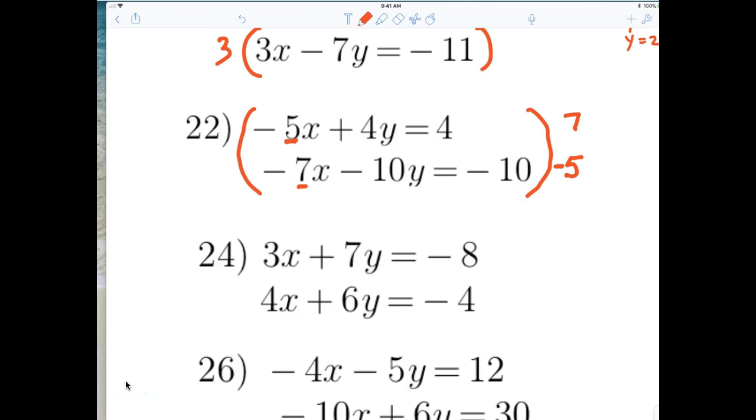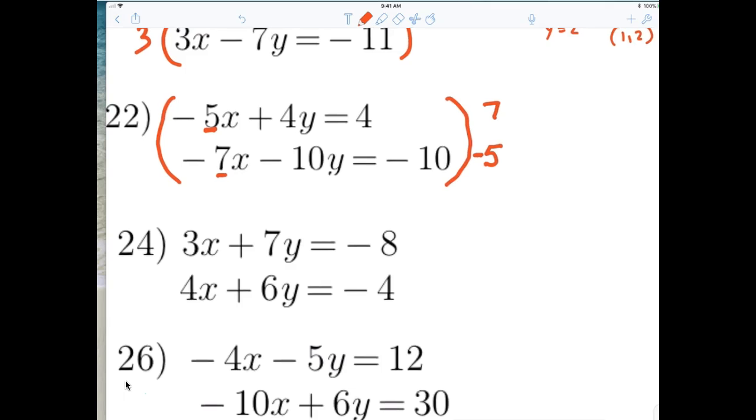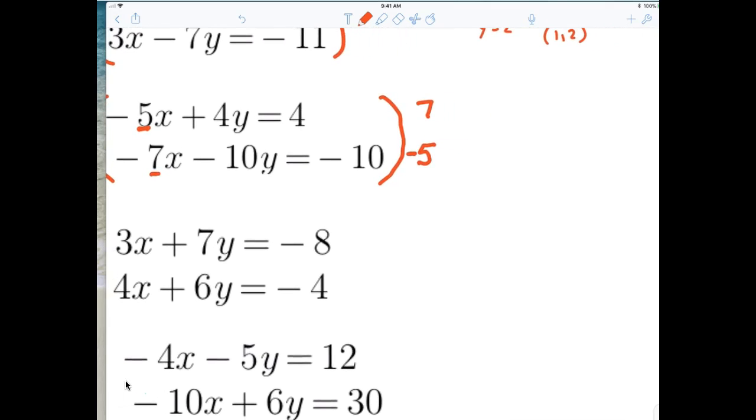All right. This honestly is as hard as it gets. The only way I can make it difficult is if you have to multiply both equations. All right? So now, go ahead, Ryan. What am I going to multiply? When I multiply by 7, I get what? Slow down. All right, now what?